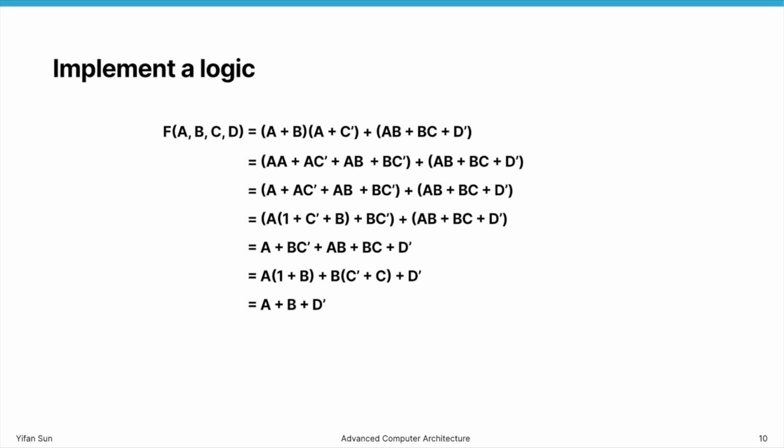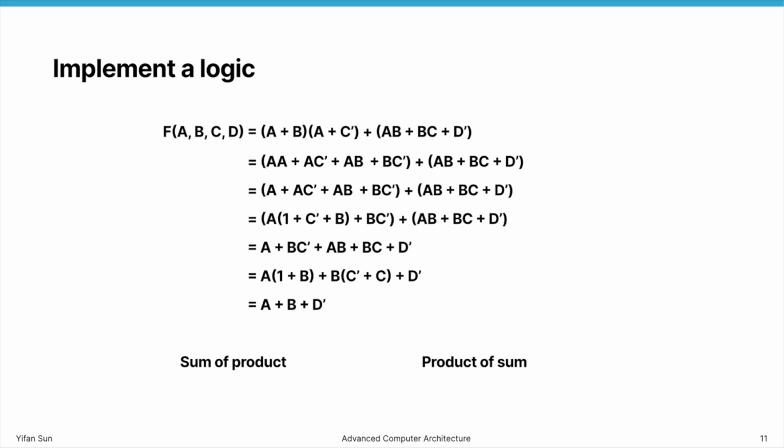Eventually we want to simplify into these forms. We can either simplify to sum of products or product of sums. That's the goal. So we can either do something like ABC plus BCD with primes somewhere, or eventually we can represent it in this form, and then the AND gate is the last stage.